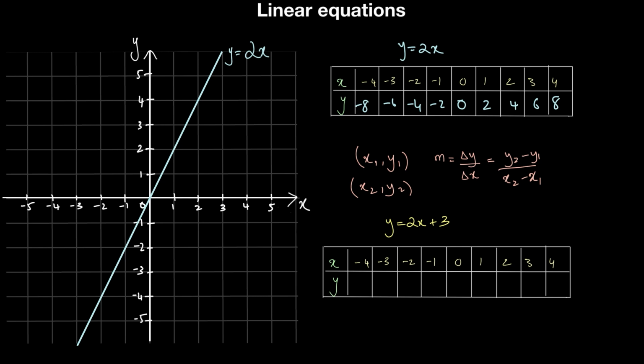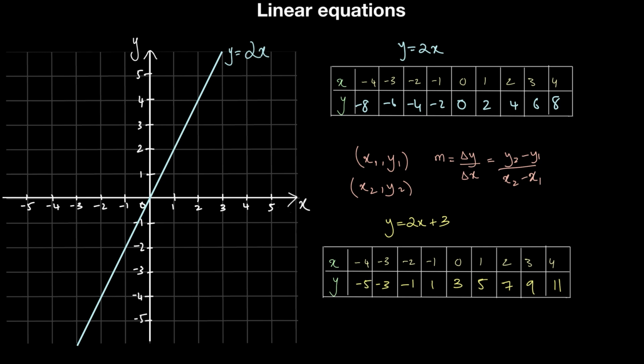When x is 0, y is equal to 2 times 0 plus 3. When x is 1, y is 2 times 1 plus 3, which is 5. When x is 2, y is 7, 9, and 11. And when x is minus 1, y is 1, minus 1, minus 3, and minus 5.